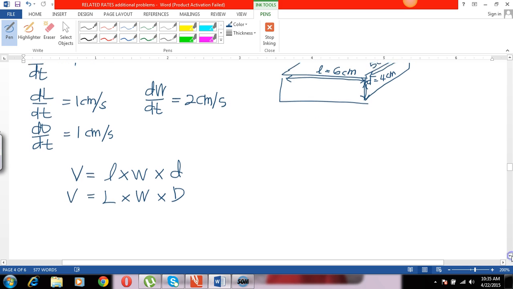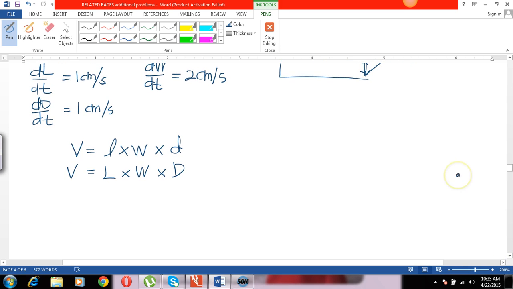Okay, so if you look at this, we have three variables in the formula. We have to differentiate this equation. The common one we have is u times v, right?